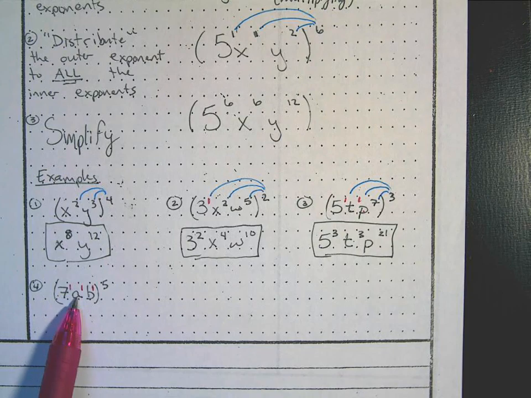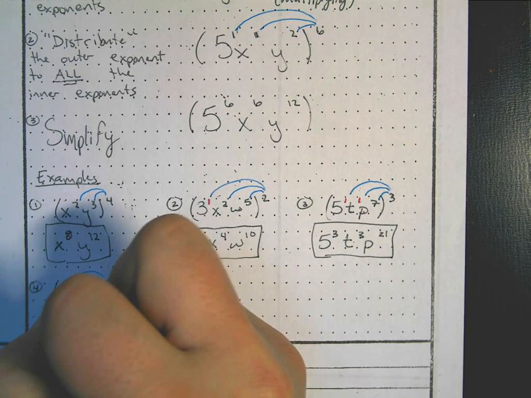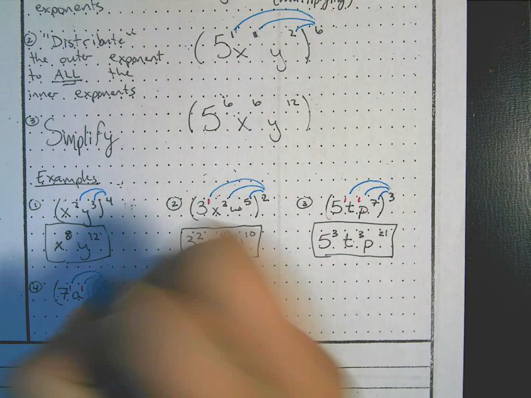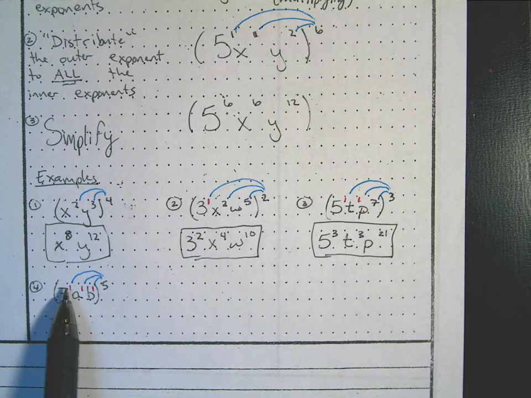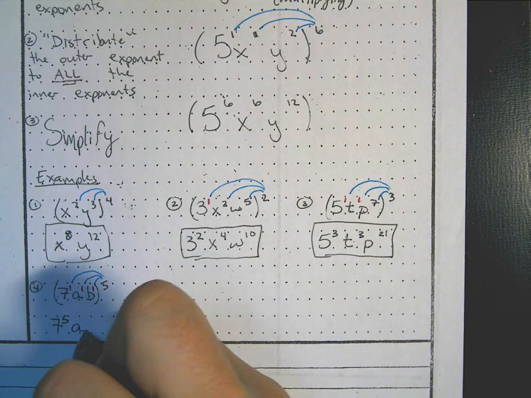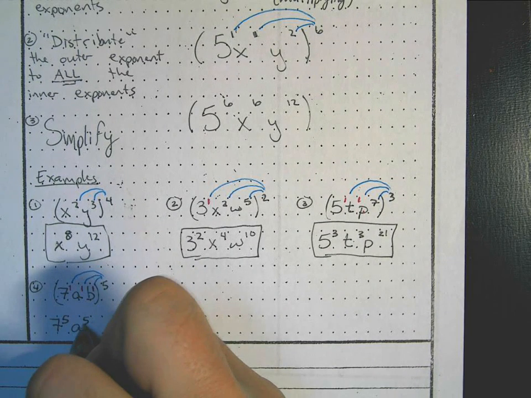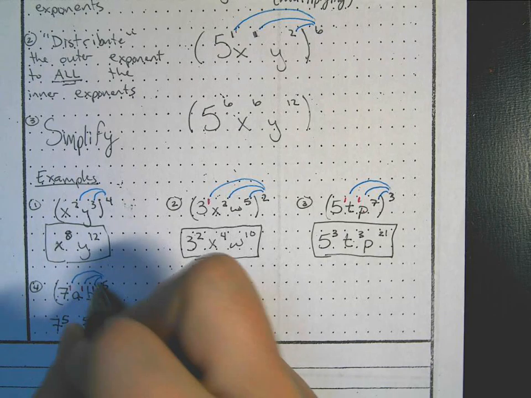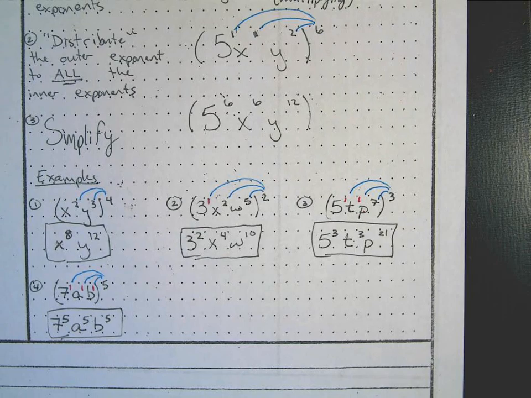So 7 to the 1, a to the 1, and b to the 1. Now we can distribute the 5. So I'll write my base, 7, and I'll do my multiplying. 1 times 5 is 5. Write my base, a. Now multiply. 1 times 5 is 5. Write my base, b, and now multiply. 1 times 5 is 5. Like so.